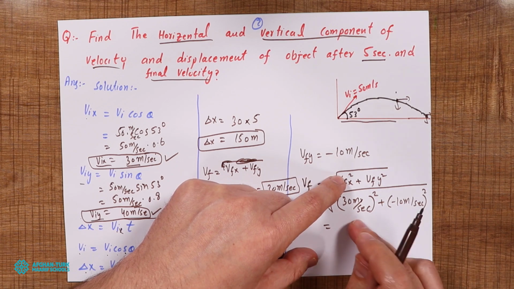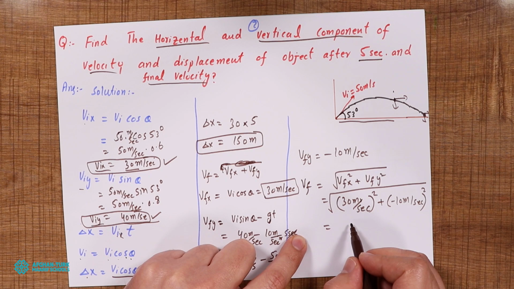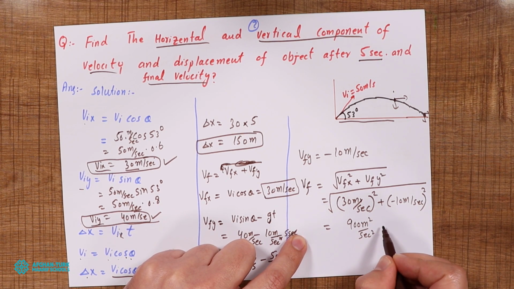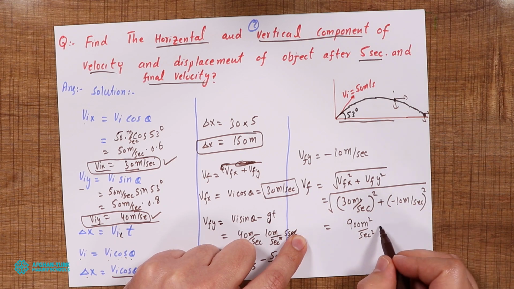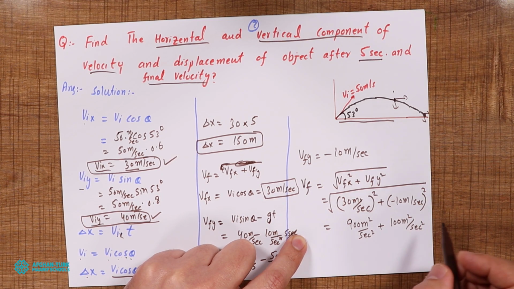Now if we take the square, this will become 900 meter square per second square plus, this will become plus, 100 meter square per second square.